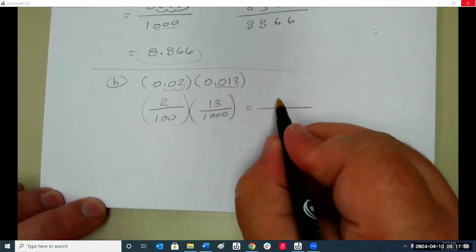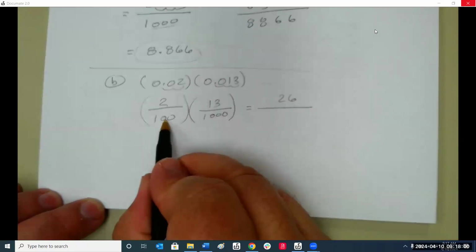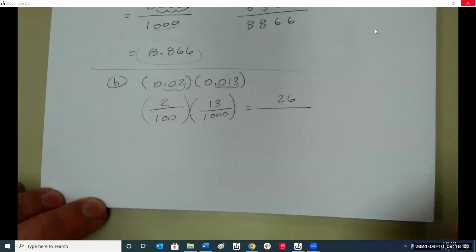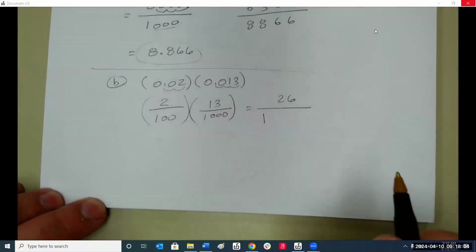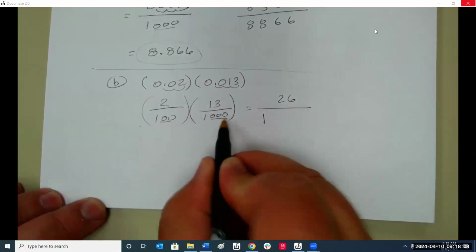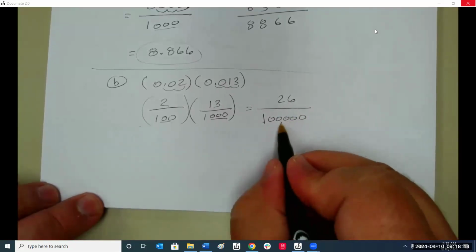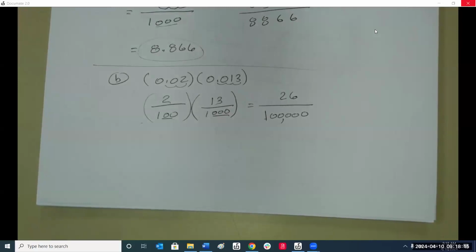Two times 13 is 26. 100 times 1,000. 1 times 1 is 1, and just count the number of zeros. 5 zeros. This is an easy one. Whenever you multiply large numbers, just count the number of zeros and put them back behind it.